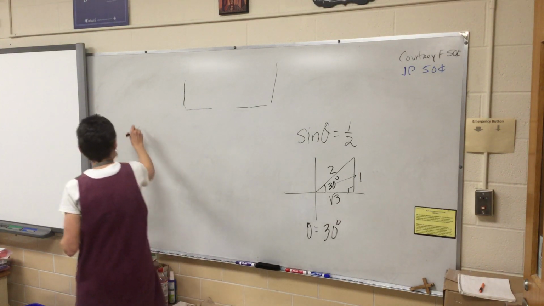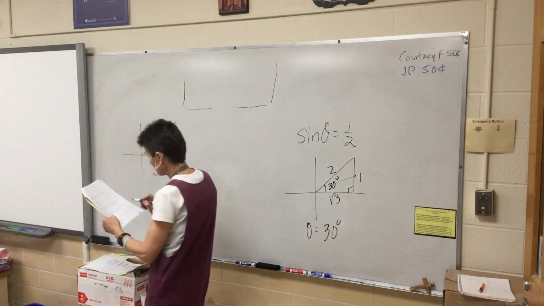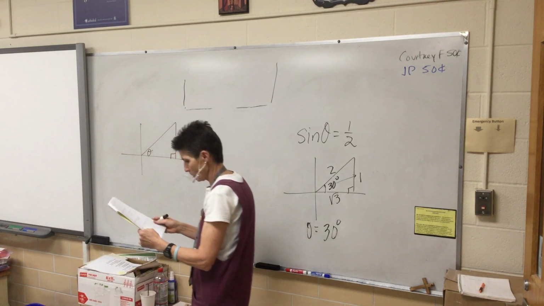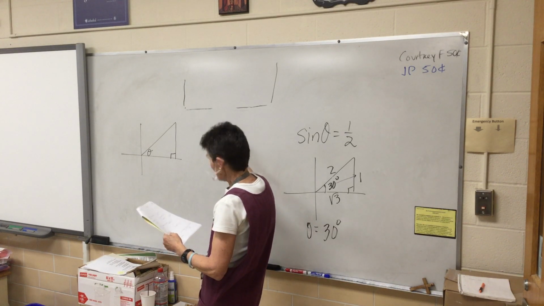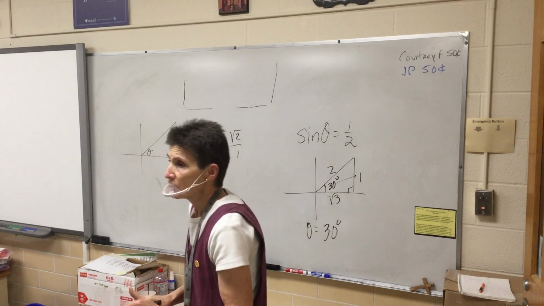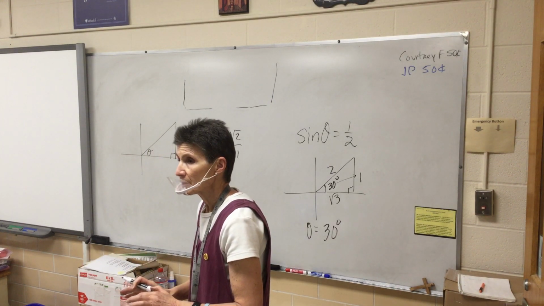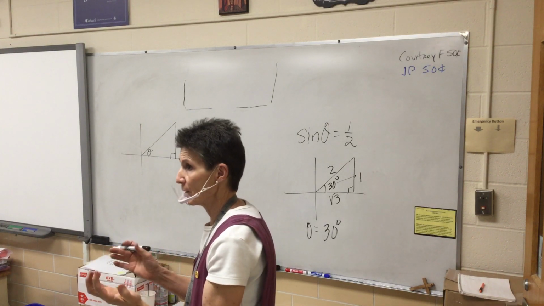The next one says the secant. Okay, so I'm going to draw my triangle here in standard position. Here's my angle I'm looking for. And I know that the secant is √2/1. All of the trig functions are fractions. So I like to go ahead and put it over 1 if it's just a regular number.